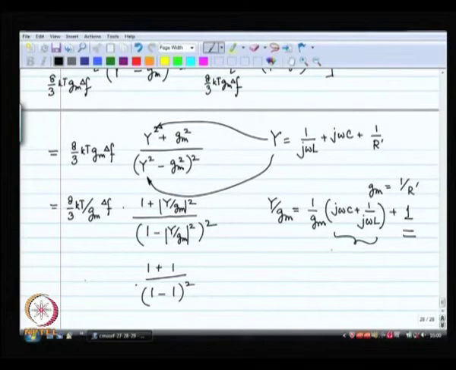What happens, let us say at DC, omega equal to 0. At omega equal to 0, what have I got as far as y by g m is concerned? Y by g m is something which is infinitely large, 1 by 0. Omega is 0. So, y by g m is something which is imaginary, but infinitely large.